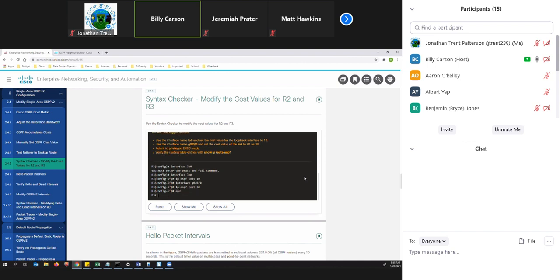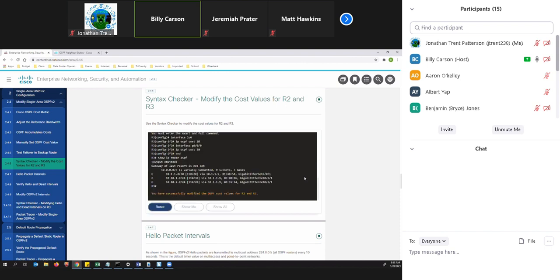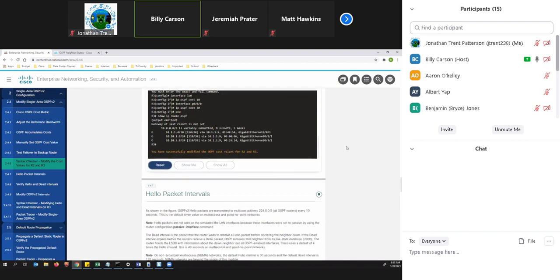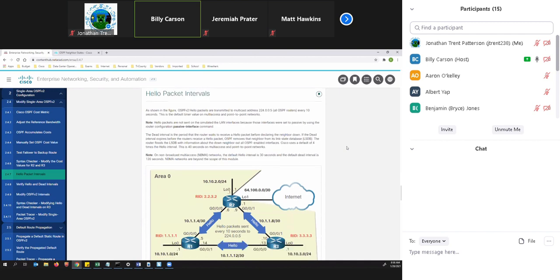How do I verify? What's the command? Well, if we're verifying something, usually it's always a show ip route ospf, and here we can see it. So when you're verifying stuff, this is what you're doing. And that's it. So we went through modifying the cost, or the metrics.